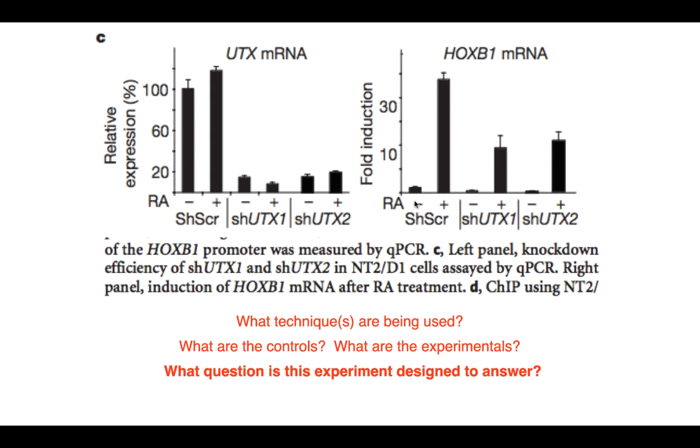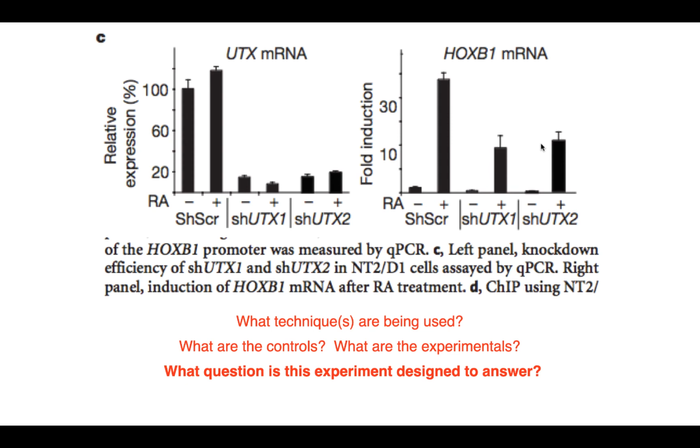Fantastic, this is great. Now take a look at our experimentals. Without retinoic acid, yes, we should expect no HOXB1 messenger RNA. But now, when UTX messenger RNA is being knocked down, we also get a lessening of that HOXB1 activation by retinoic acid. Now it's not full, but it's pretty darn effective.